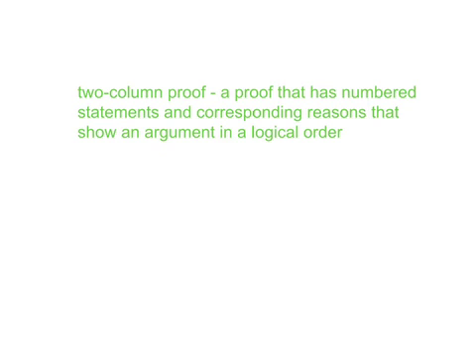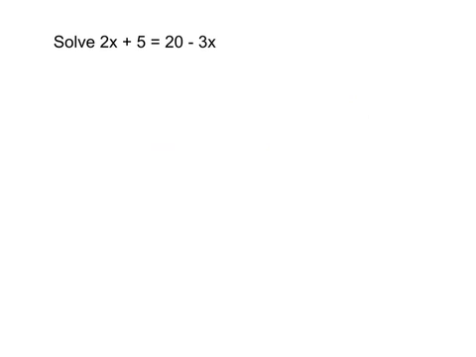All right, let's go at it. Here's the first one we're going to do. We're going to prove what the value of x is if we know that 2x plus 5 equals 20 minus 3x. So what we have so far is we have the hypothesis.